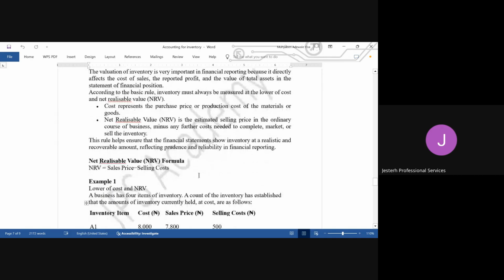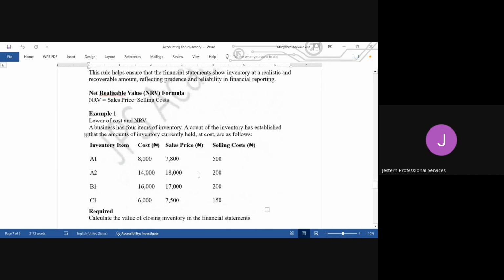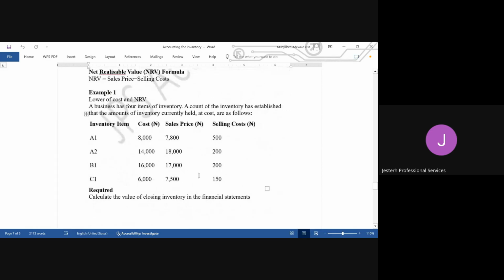And then we did one example to know how the basic rule of lower of cost and net realizable value works.